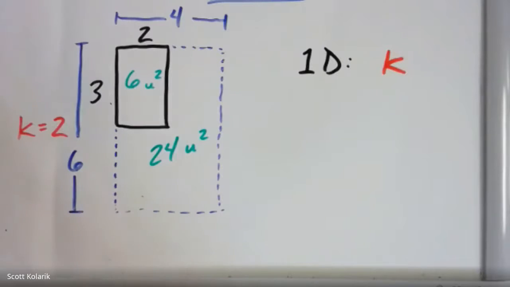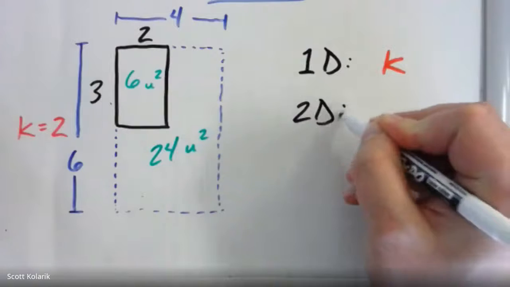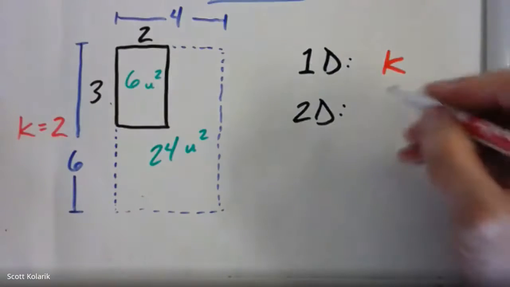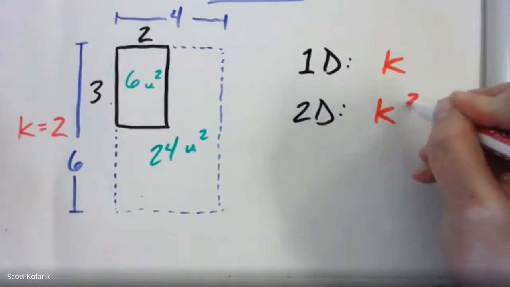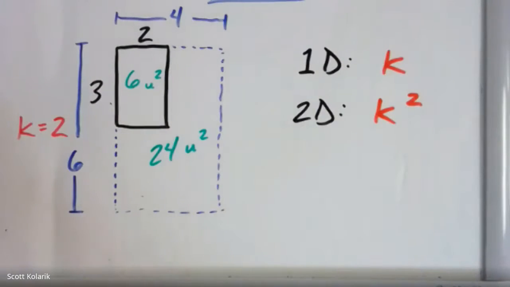But for area, which is a 2-dimensional measurement, area might be for something like clothing for that doll, right? If I were to take the material that you use for your shirt, so I'm looking at square footage of that shirt, what I'm going to end up doing is K squared, 2-dimensional, K squared.